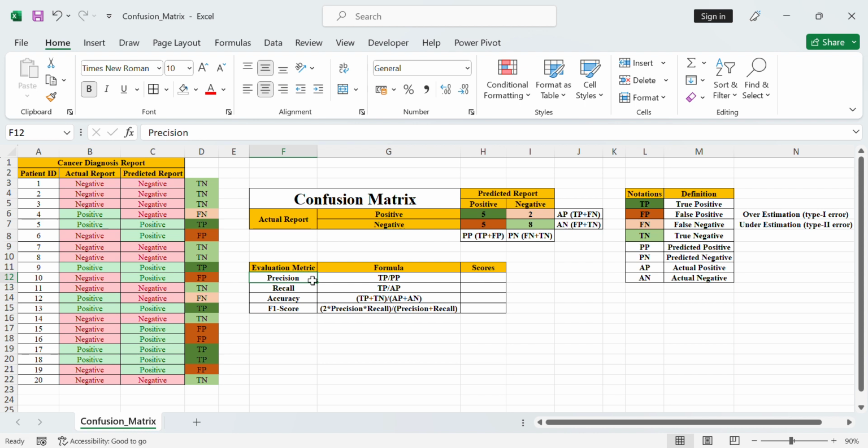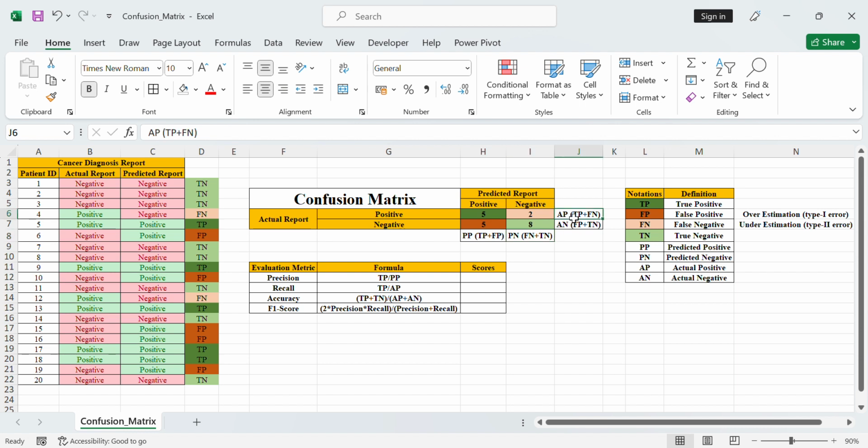Okay, the definition says precision is TP divided by PP. PP means predicted positive, that is total positive of prediction, TP plus FP. PN means predicted negative, FN plus TN.